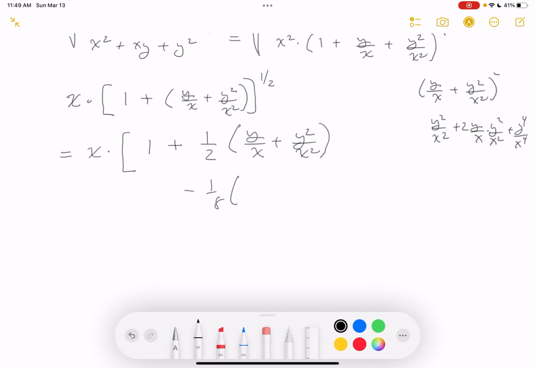Let me write that down. So y squared over x squared, plus 2 y cubed over x cubed plus y to the 4 over x to the 4.